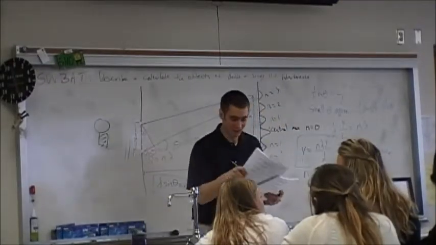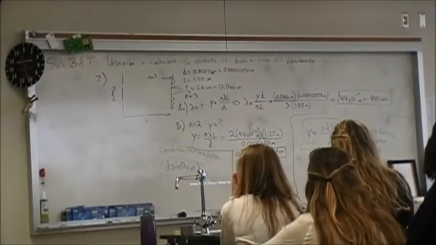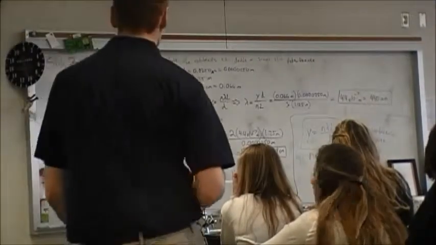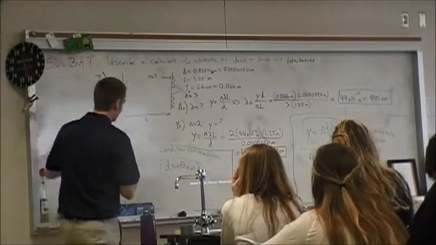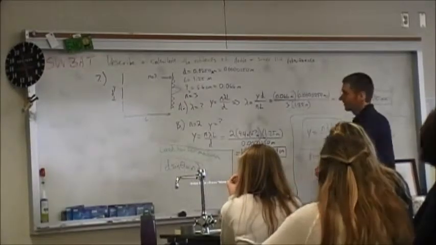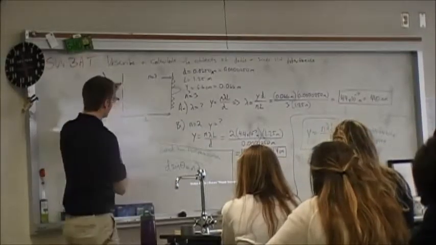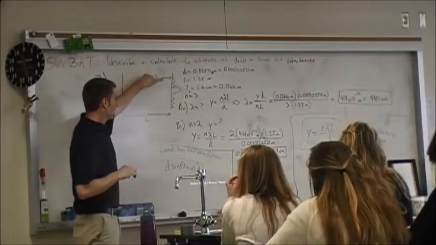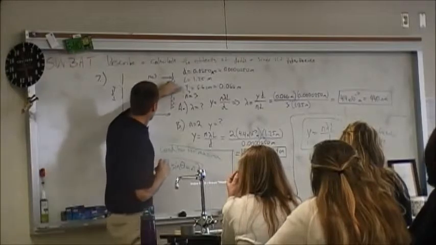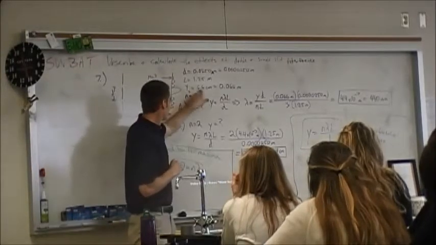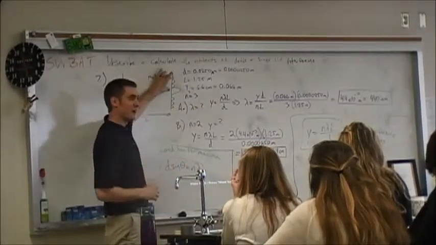All right, take one of these. It's covered with letters and numbers. Here's number 7. The idea behind number 7 is that they tell us we've got some two-slit interference going on. They say that at the n equals 3 maximum, it is exactly 6.6 centimeters away from the central maximum.